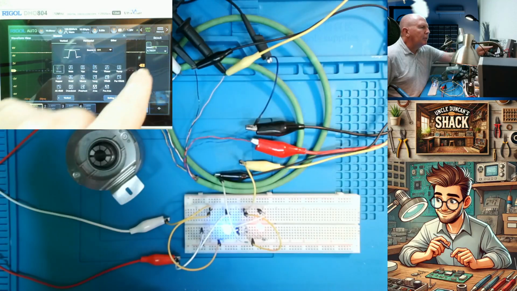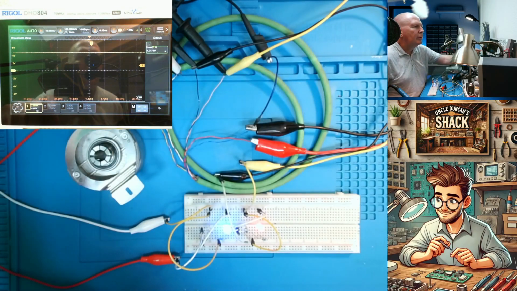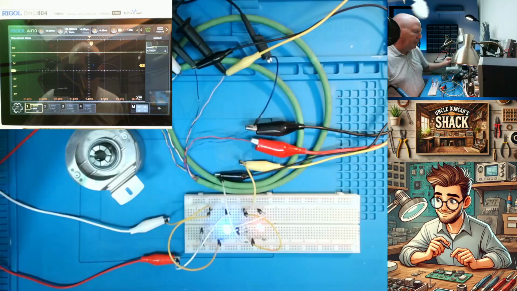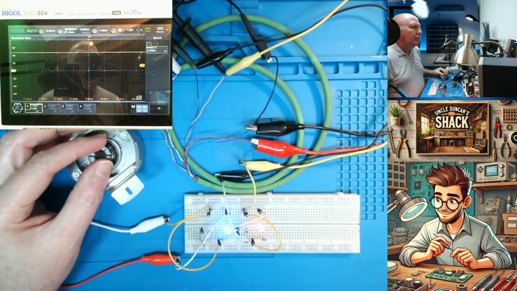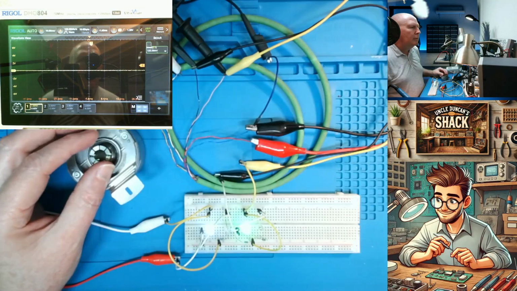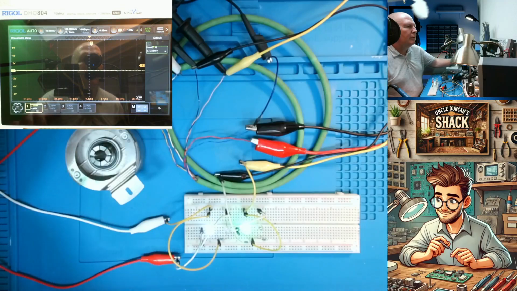Yeah, there we go, 4.7 volts. Alright. So that's it like that.